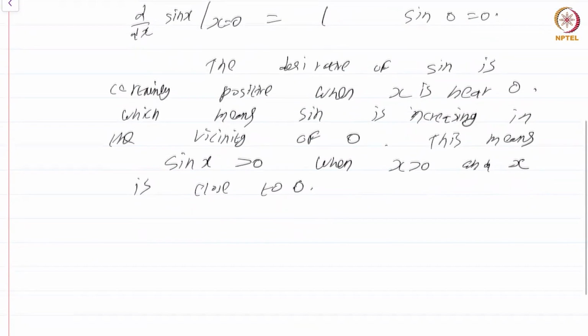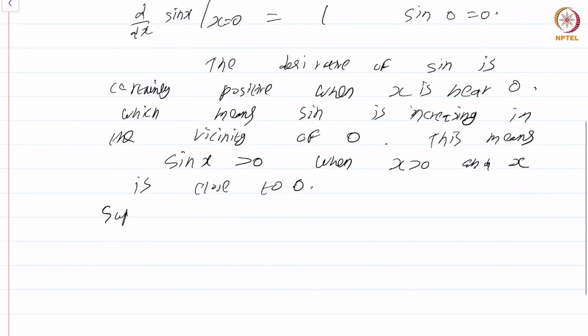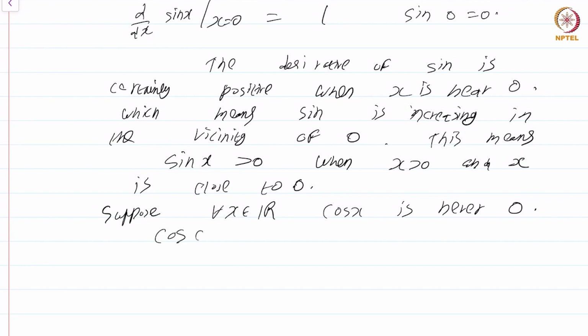Okay. Now, suppose for all x in R, cos x is never 0. Suppose cos x is never 0. We also know that cos 0 is 1 and cos x is never 0 and cos is continuous.